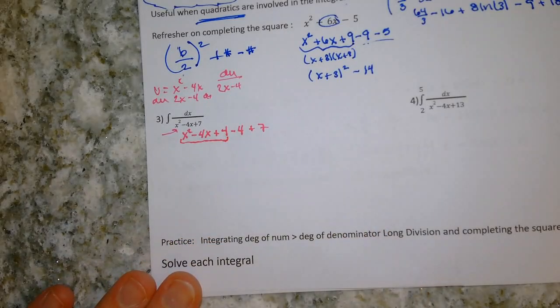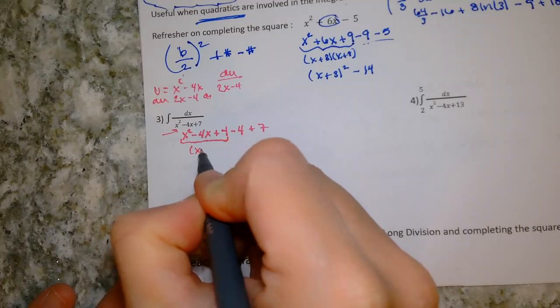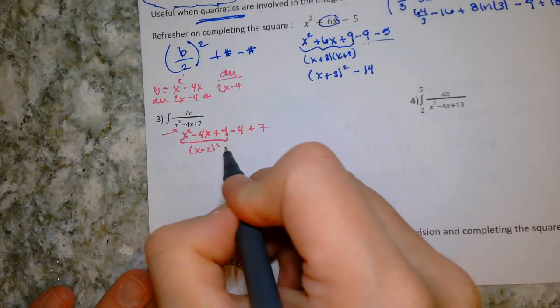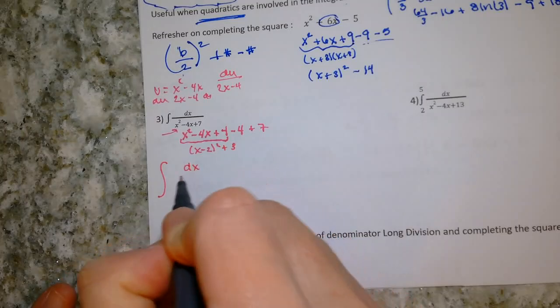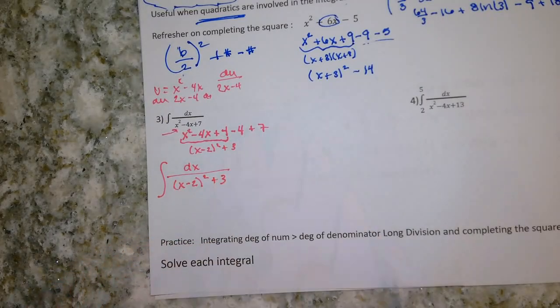So that looks like x minus 2 and x minus 2. So I'm really going to call that x minus 2 squared. And then I've got a plus 3. So I'm going to rewrite the equation. It is dx over x minus 2 squared plus 3. So I haven't really done any calculus at the moment. All I did was rewrite the equation so it looks a little differently.